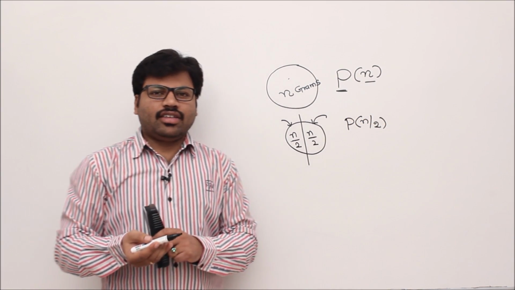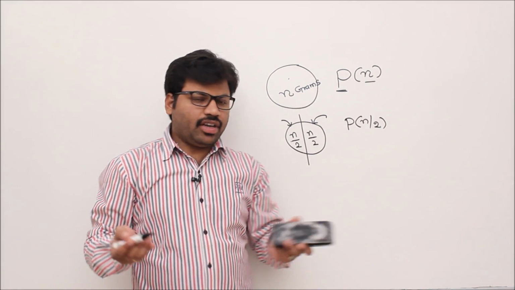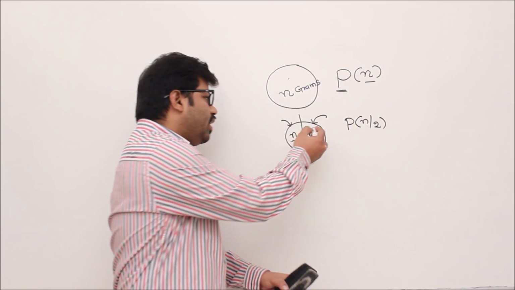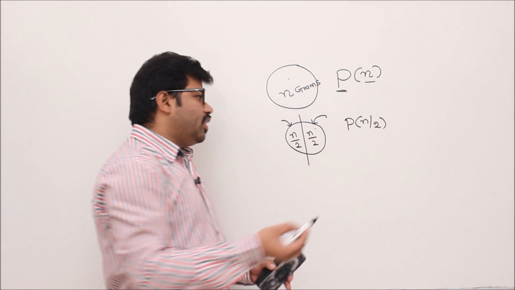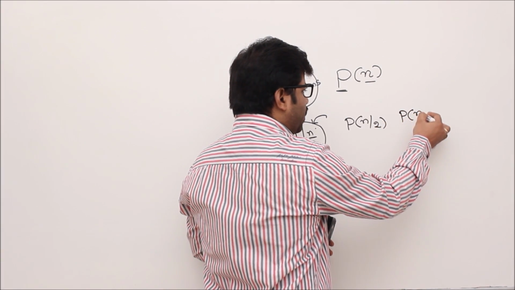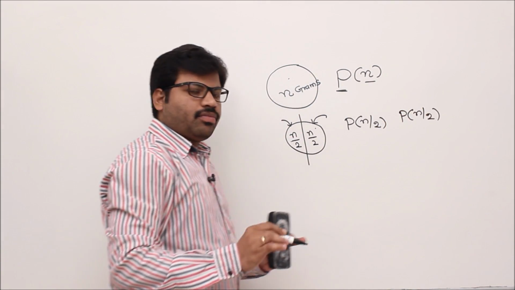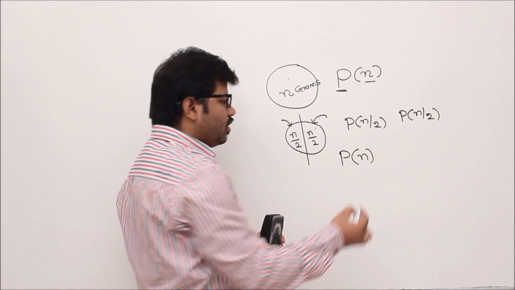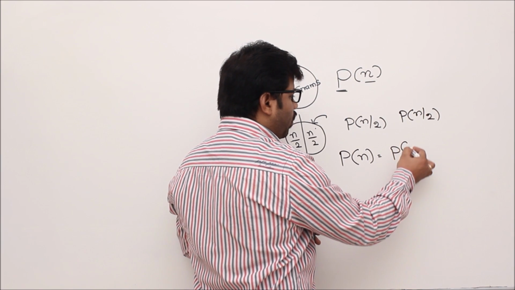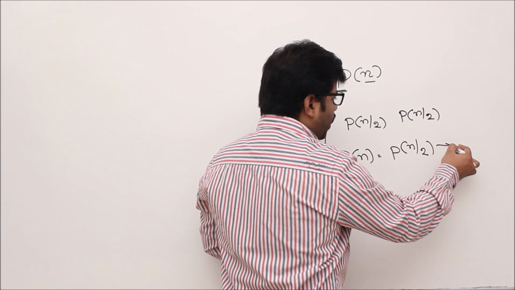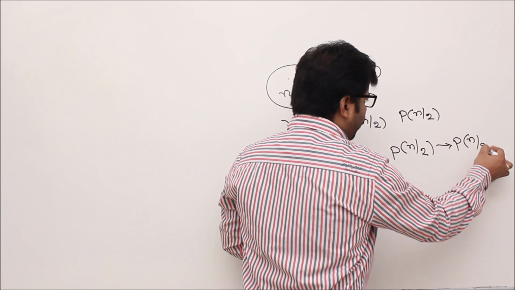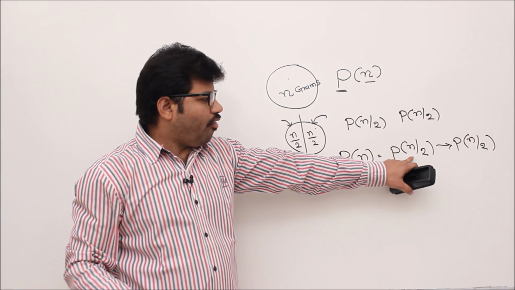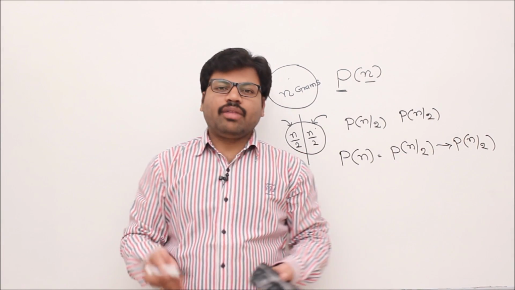Eating an apple is P of n, eating an n by 2 size apple is P of n by 2. In the same way, I eat the other apple with the same method, and that problem will also be P of n by 2. So finally, eating a big apple, P of n, is nothing but solving a problem P of n by 2 followed by solving another problem P of n by 2. So eat full apple equals eat half apple followed by eat remaining apple.